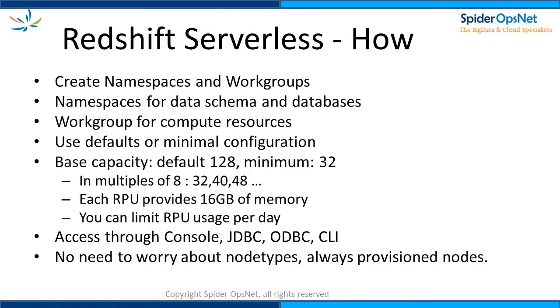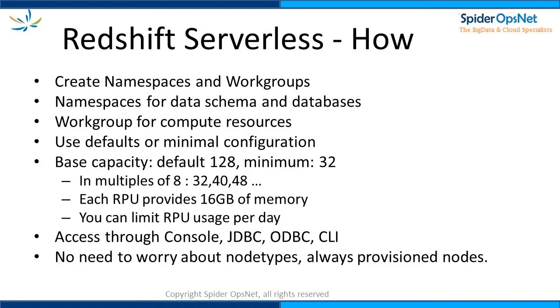In Redshift Serverless, there are no clusters to create. You create namespaces and workgroups. Namespace represents the data resources. Namespace is a collection of database objects and users. Workgroups represent the compute resources.